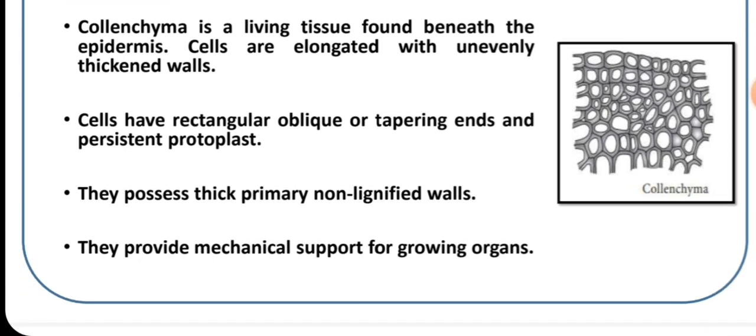What is the function of collenchyma? Their function is mechanical support. It provides mechanical support for the growing organs, the growing parts of the plant. The growing parts of the plant are elastic in nature, so they provide mechanical support.